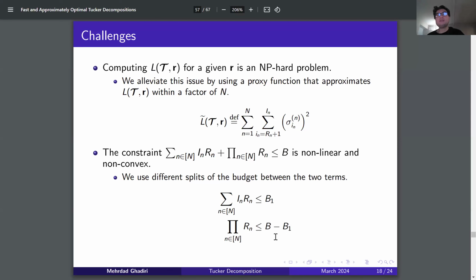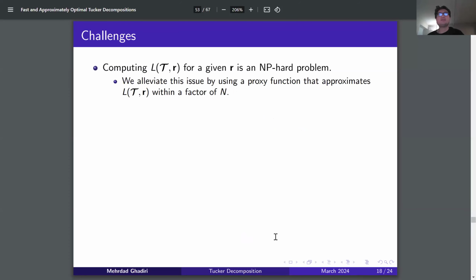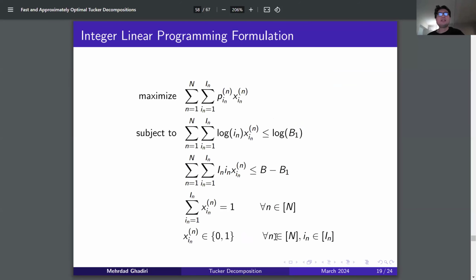Another difficulty that I'm not mentioning here is that in general, this looks very weird as an optimization problem. Usually in an optimization problem, you're not picking a size or something. Let's see how we model this, and this is how it looks.